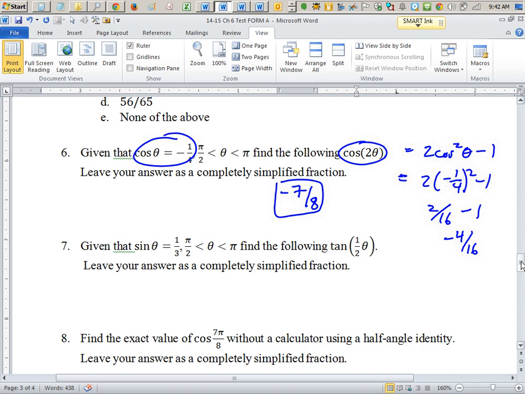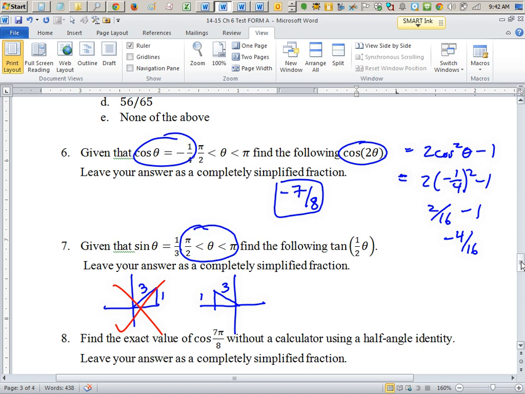Same thing with the next one. Sine is 1/3, so I'm going to draw a picture of that. Oh, and it says that I have to stick to quadrant 2. Okay, so this is a bad drawing. Mr. Shore, you need to be in quadrant 2. Okay, I'm sorry.